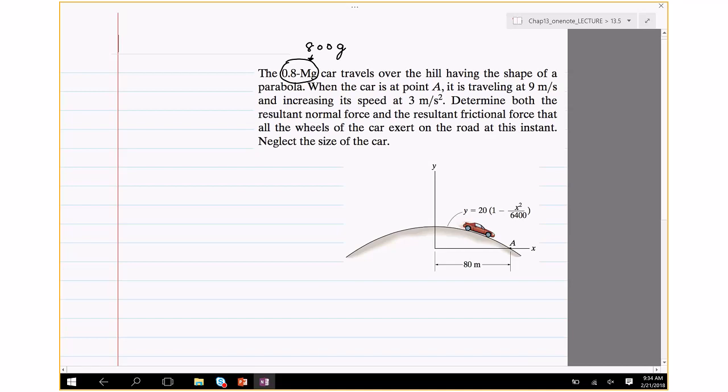It uses this notation, which I thought was very confusing. The m signifies megagram, right? So it's 0.8 times 1000. Is that right? Yeah, that's good.